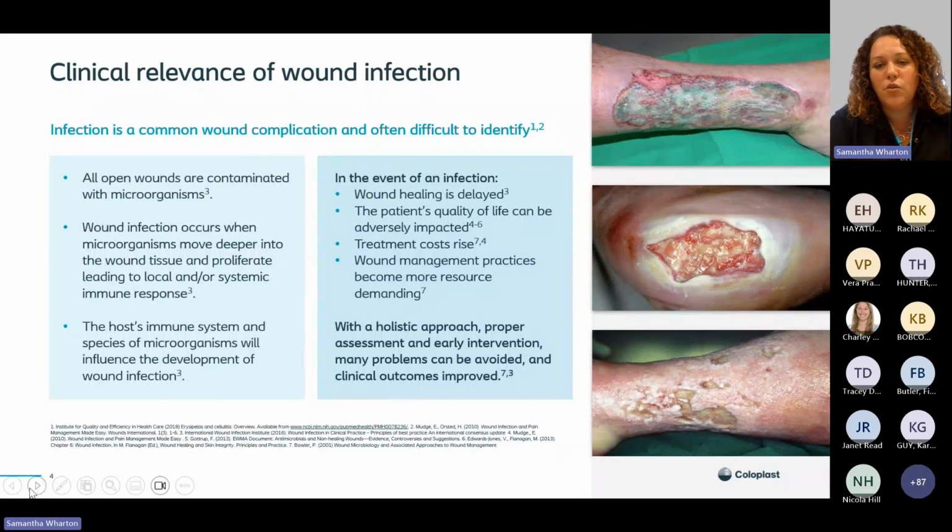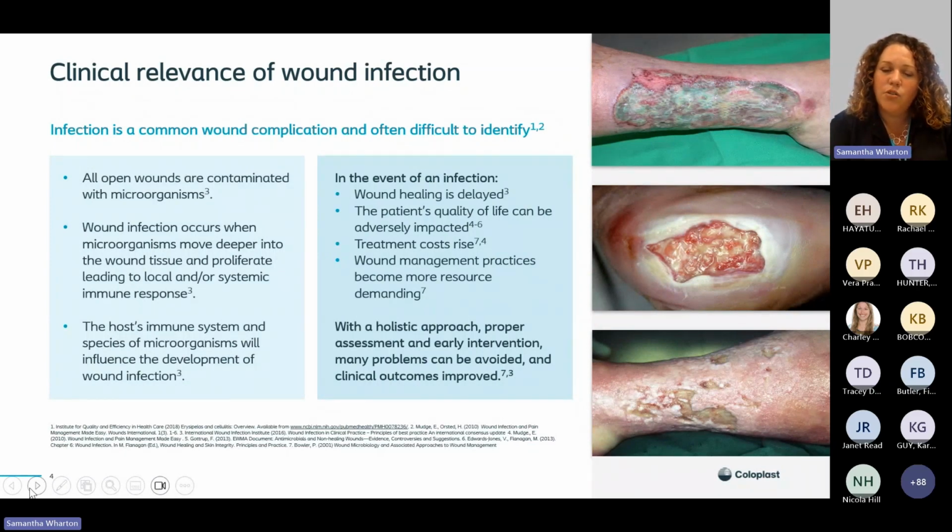And you also need to look at your wound management practices because you will become more resource demanding in a work environment where workload is increasing, workforce is decreasing. When we're putting those extra demands on the resources, it's just going to keep impacting everybody.